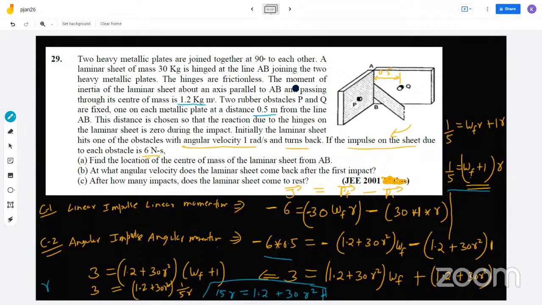And now how will you reject 0.4, that is, 0.1 versus 0.4? The size of the plate is not given at all. No. The center of mass is closer here. If we take the center of mass beyond this point, it fails here. Yes, so both are not. How will you select this one? Because of the laminar sheet, this is zero, the hinge reaction is zero. So the hinge reaction is zero.